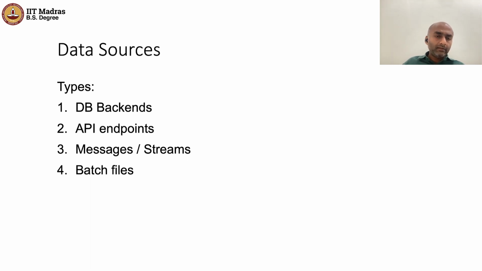Then the third type of data source is what's called a message store, or messages in short, or streams. Here, messages refers to data that's individually available to you, item by item. So you don't have to query for the entire table, which is what you would do in a database.